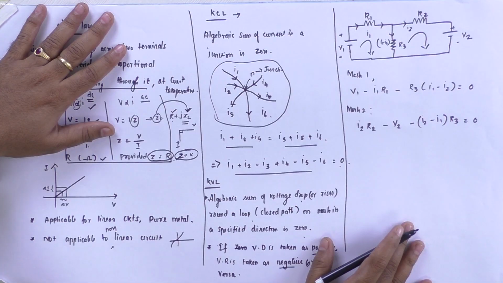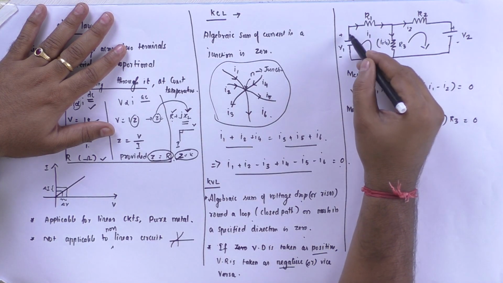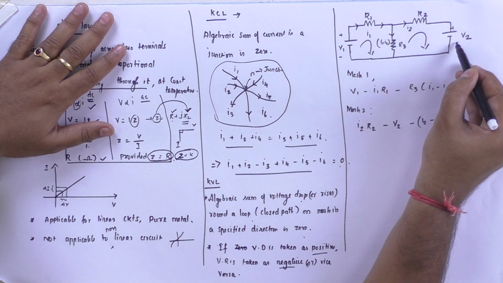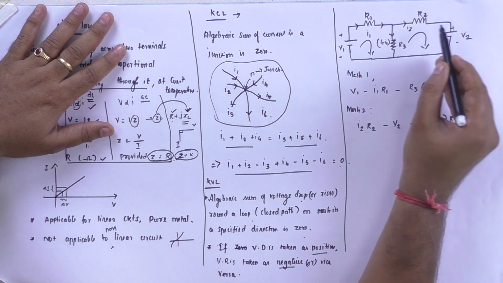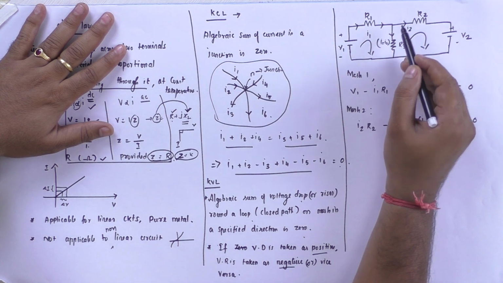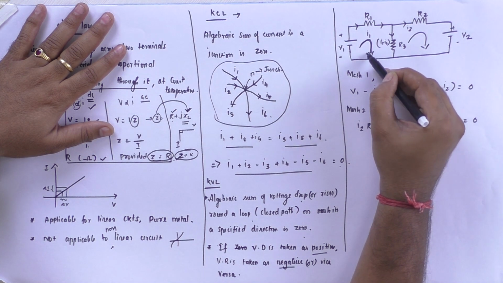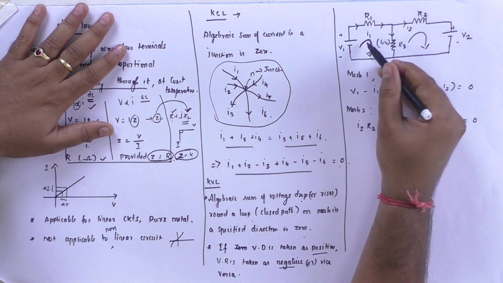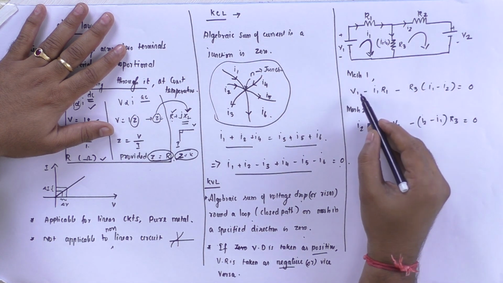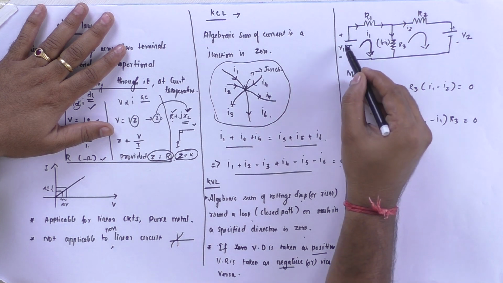According to this statement, consider an electrical network which consists of two sources V1 and V2 connected with various ideal elements, that is, resistances. Applying Kirchhoff's law as per the statement to the two loops, mesh 1 and mesh 2, I can write the equation as V1.